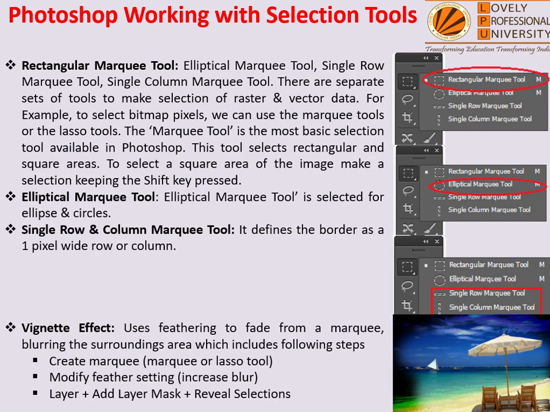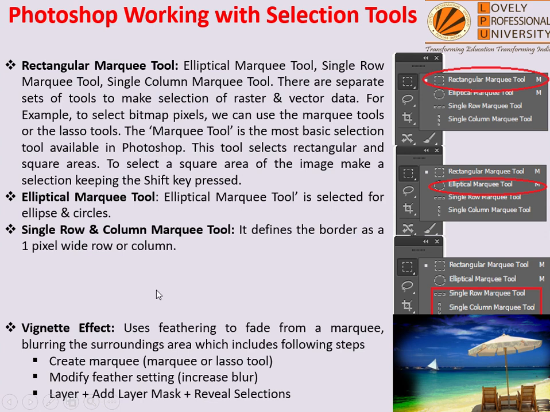So again, let's have a recap. We have talked about the rectangular marquee tool. Rectangular marquee tool basically has multiple options available, where this will have rectangular and circular selections. I can go and use it. Elliptical marquee tool is like an oval shape where ellipses and circles can be drawn. Single row and column marquee tools are basically to create a single row or column selection on your image.